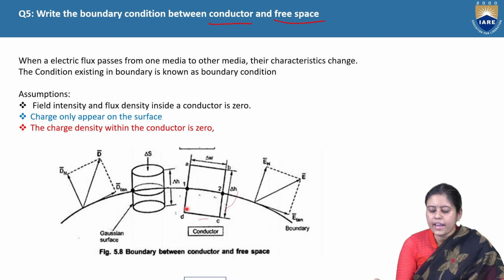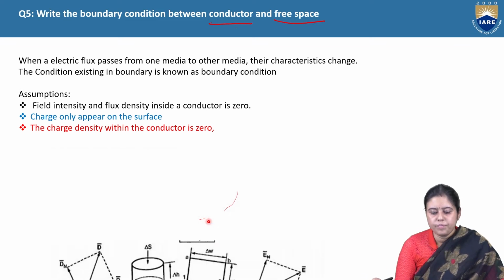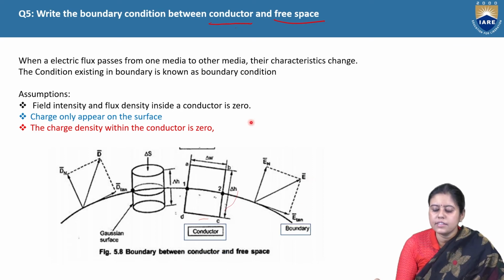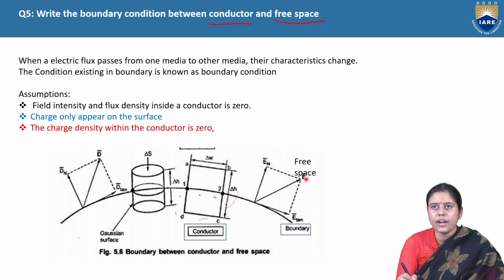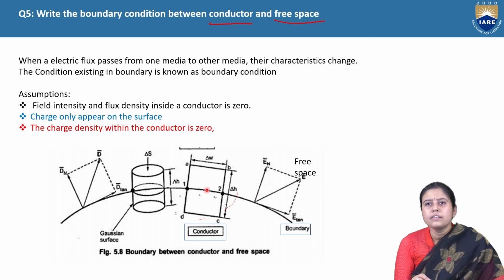The lower portion inside this boundary we are assuming as the conductor, and the upper portion we are taking as free space. We have drawn a different type of diagram to explain this.